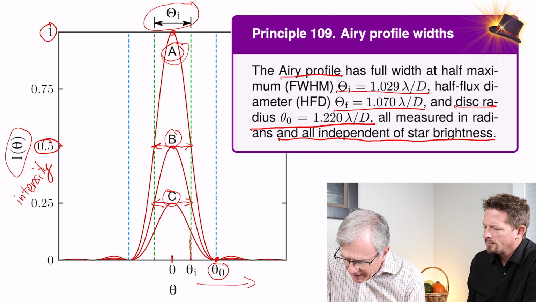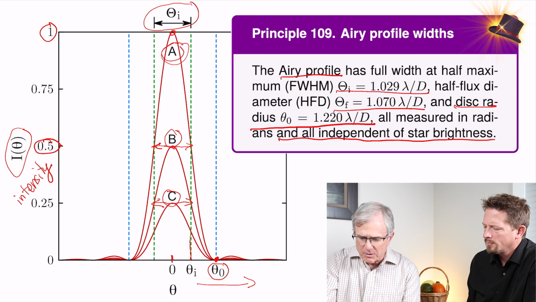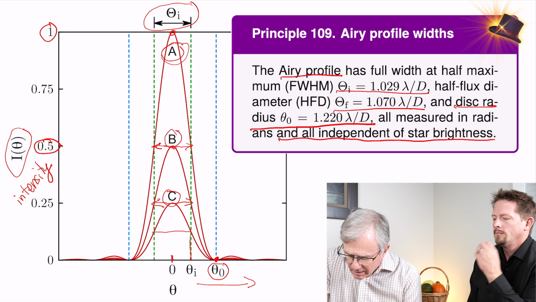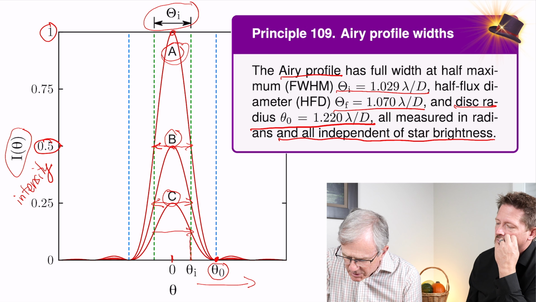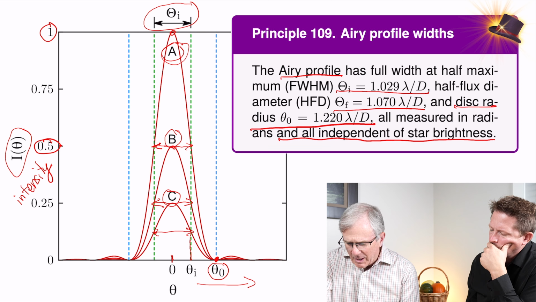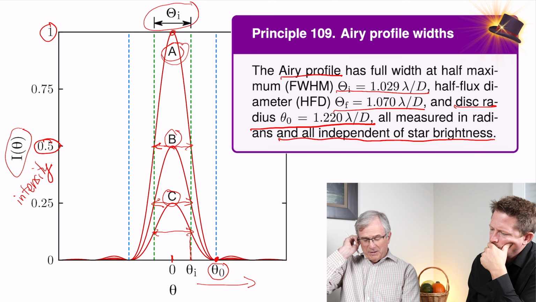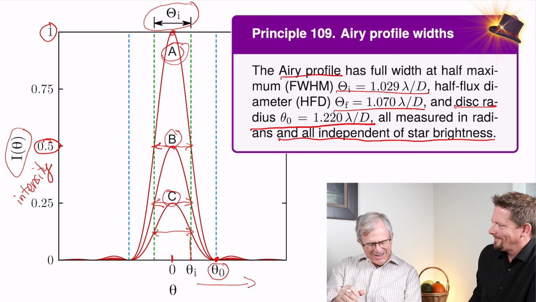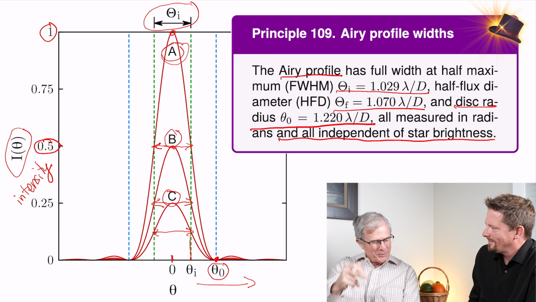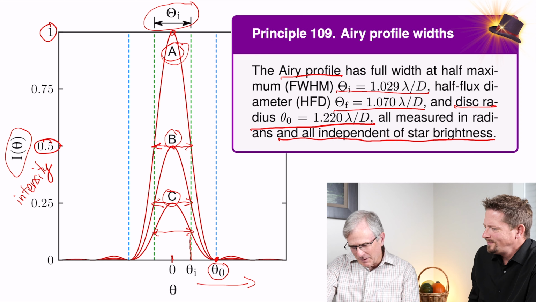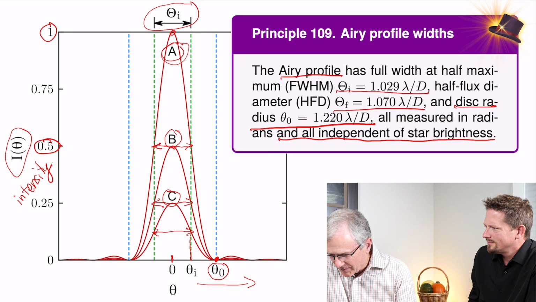But you notice that that half maximum width is the same as it was for star A. Same thing with star C. At half maximum, it still has the same width. You might be asking, well, why are you worried about this? Because it's crucial in understanding star sizes. Several videos from now, we'll talk about the implications of that for star sizes.